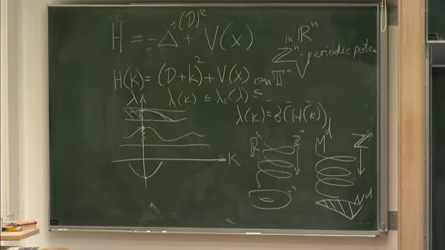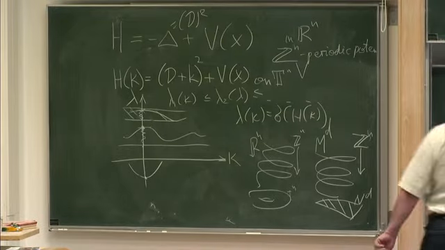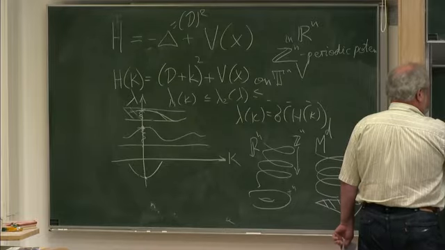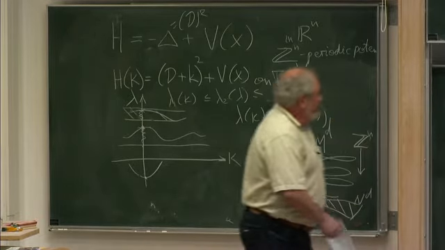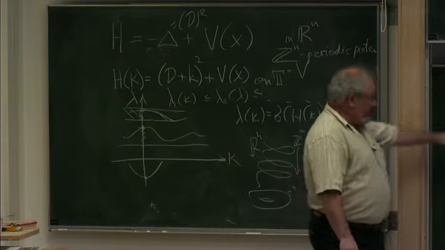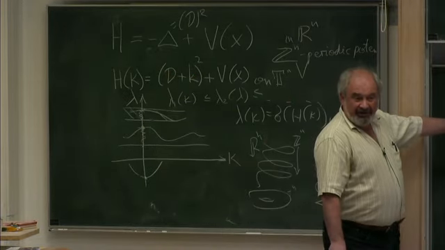Now, if we have a piece of dispersion curve and you are interested in behavior near some value of energy lambda, in physics usually this is what we call the Fermi energy.